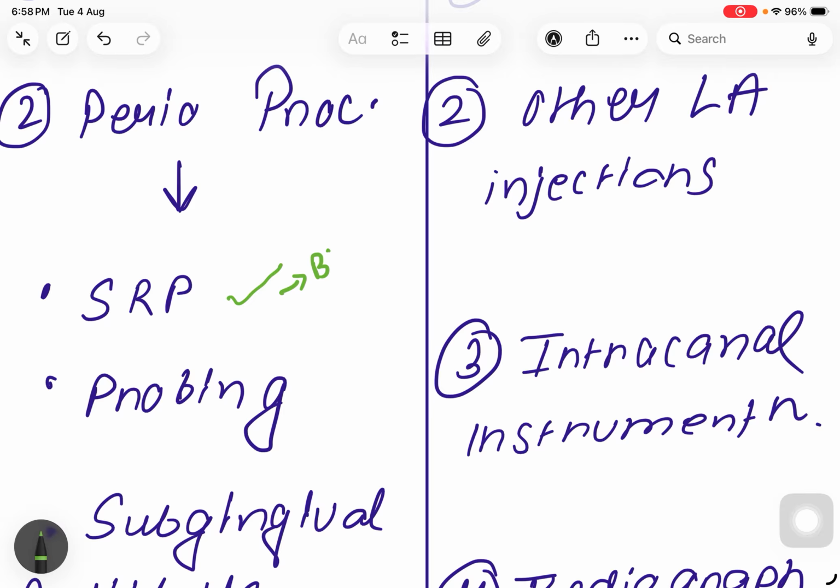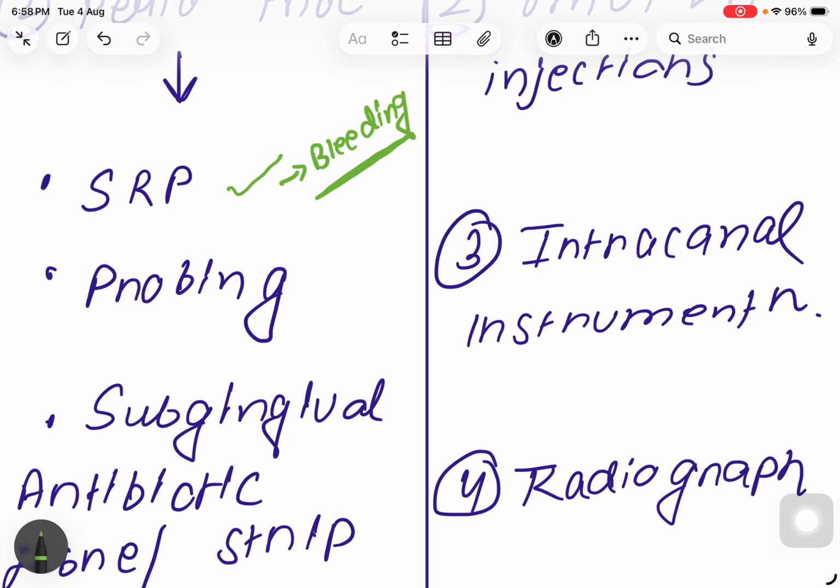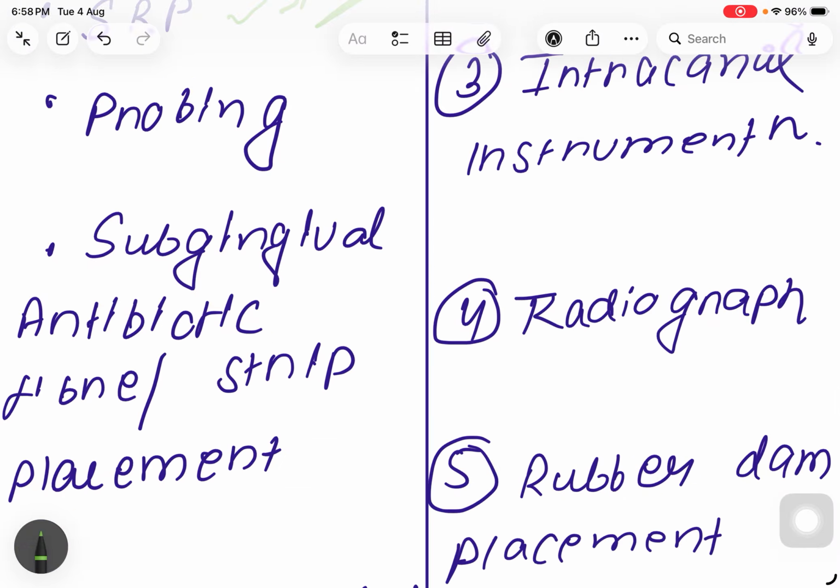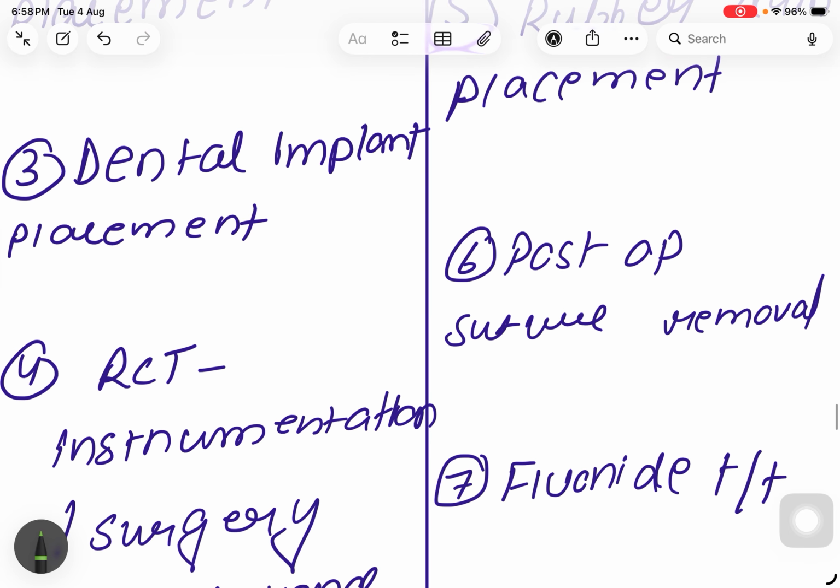In SRP there is huge bleeding, so highest chance. Then probing. In probing also, if there is bleeding, there are chances. Subgingival antibiotic fiber or strip placement, dental implant placement is very high chance.